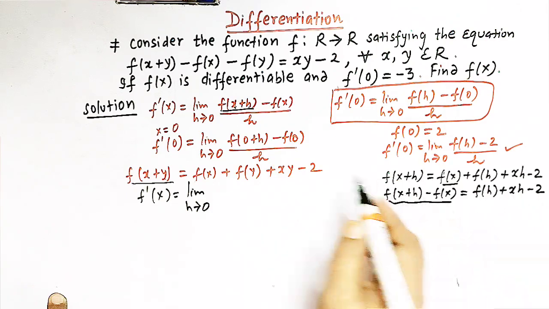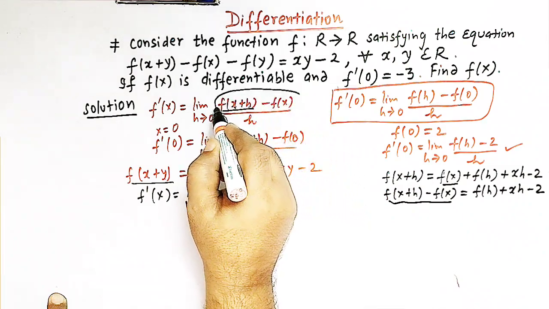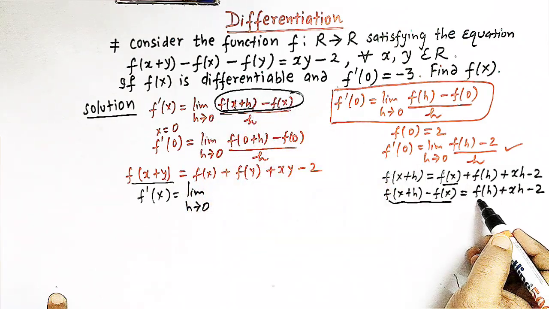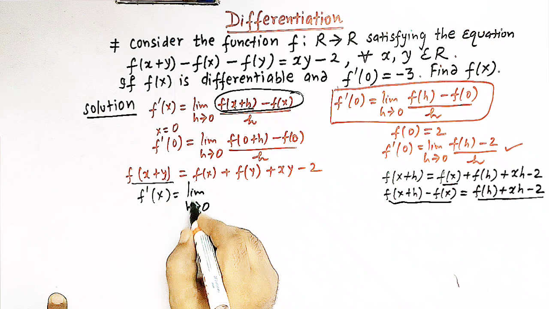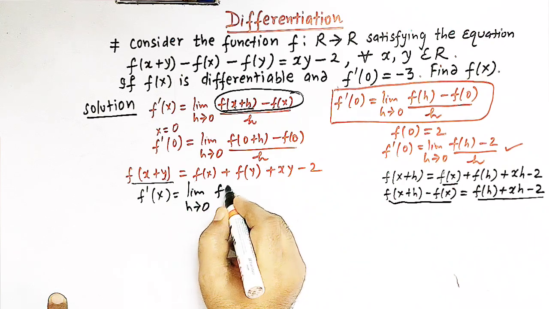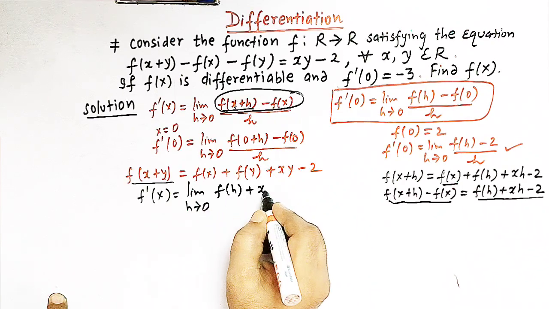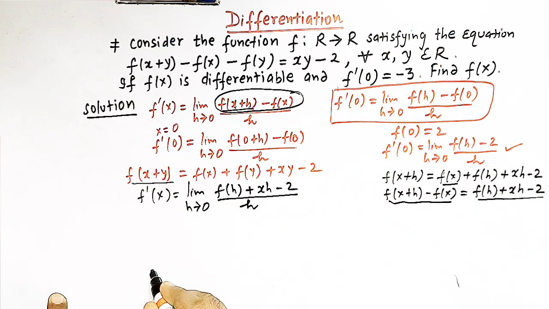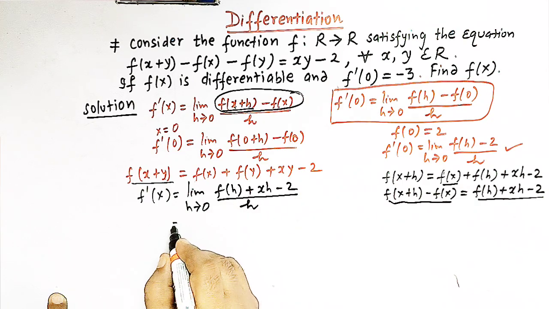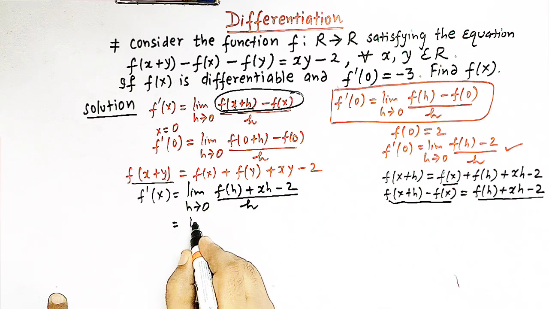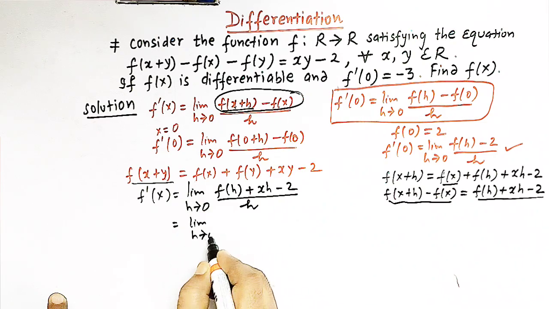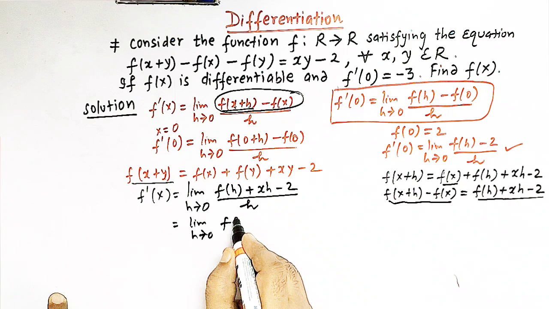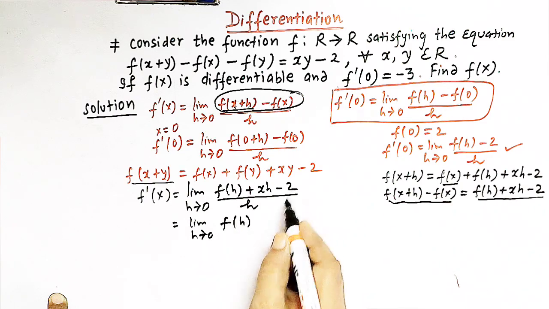So now we can replace this entire term by this expression. So we have limit h tends to 0, f of h plus xh minus 2 divided by h, right? Okay, so now we can write here limit h tends to 0, and we can now write f of h minus 2.